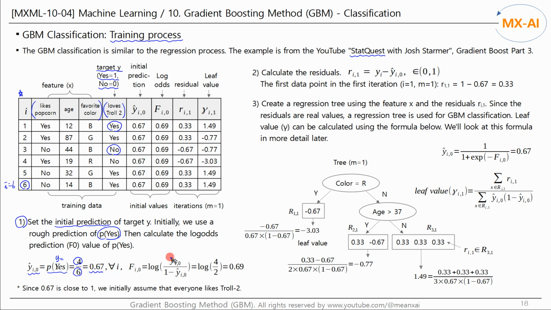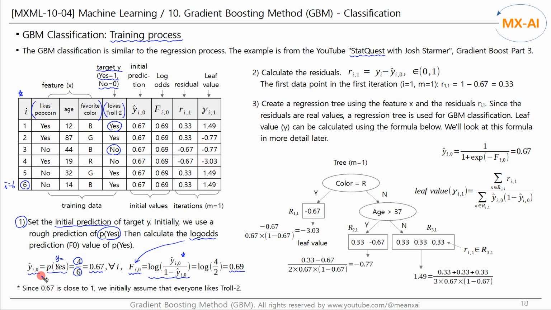Next, we use the y-hat to calculate the log odds value. The log odds is defined as f. The log odds is calculated using this formula. The initial log odds is 0.69. We looked at the log odds in detail in the logistic regression videos.